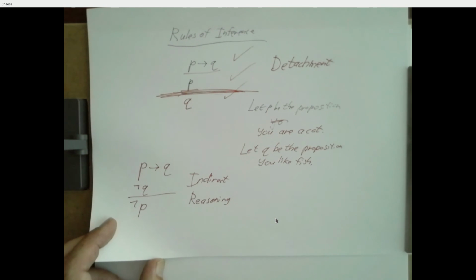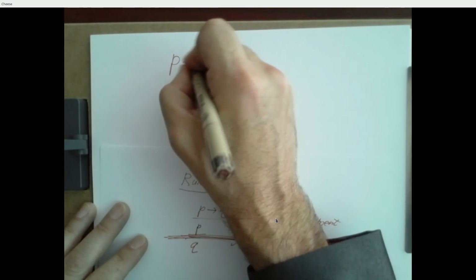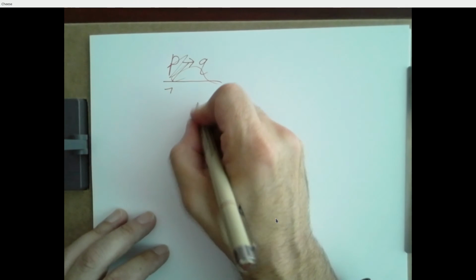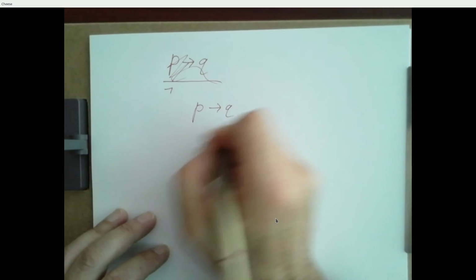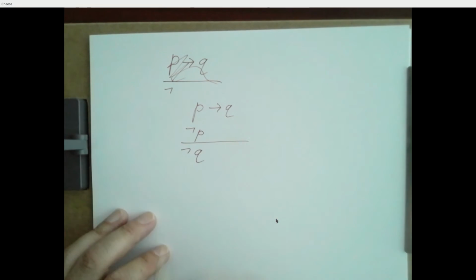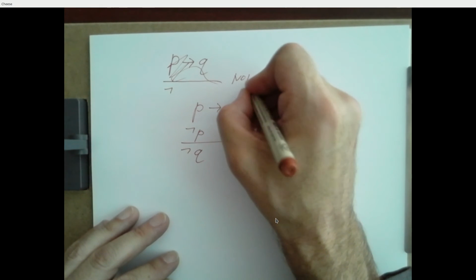All right, there's a flip side to this, because sometimes someone will try to make an argument like this. So if P, then Q, not P, therefore not Q. And this is not valid.